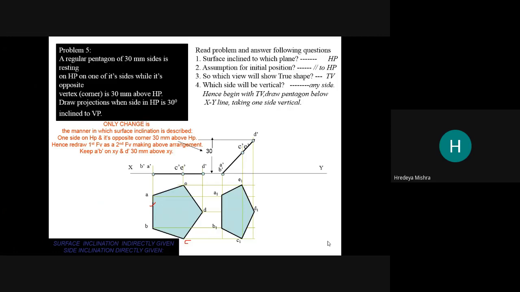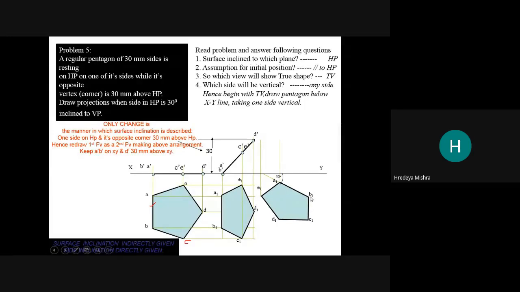Now draw the projection when the side is on the HP and 30 degree inclined to the VP. So it is inclined from the vertical plane, so it is in the horizontal plane. Make this 30 degree. What happened, just see here: this side AB, we make a 30 degree rotation and all the sides are made accordingly.